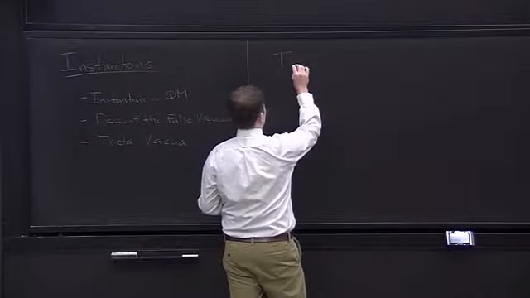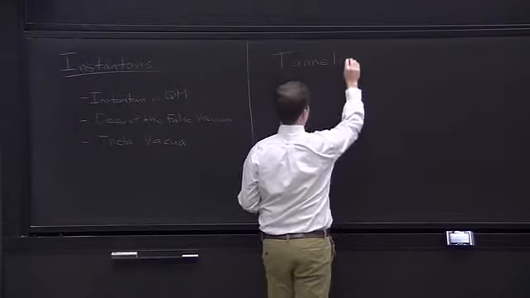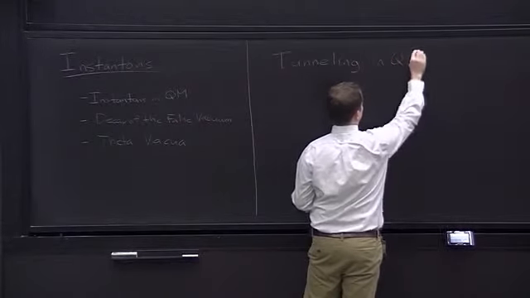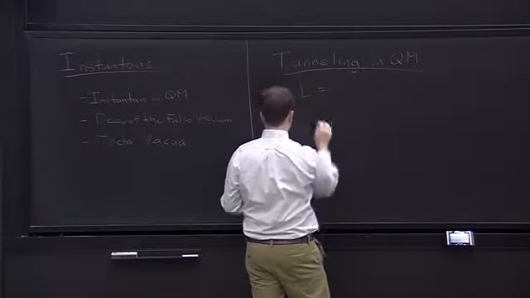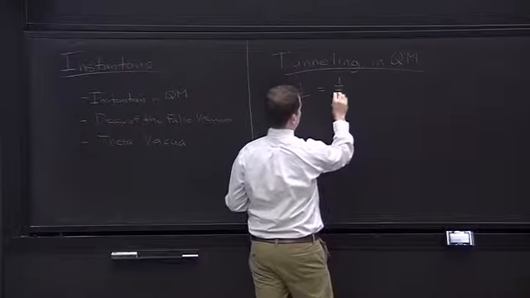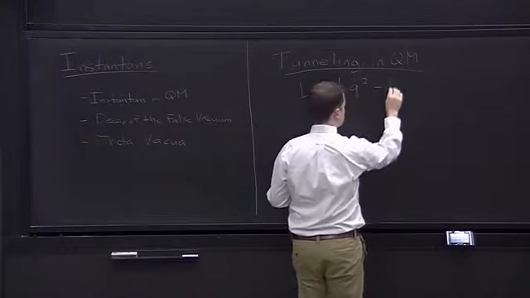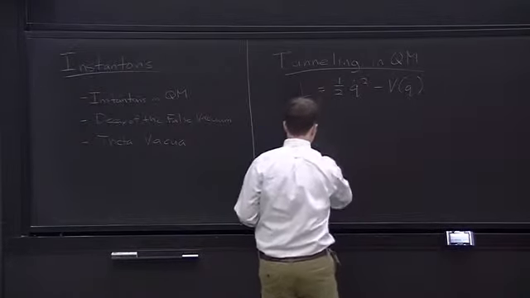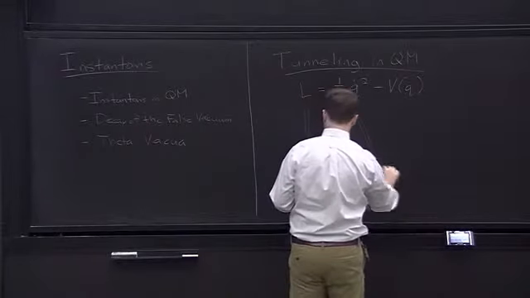A familiar example of a non-perturbative effect that you've all seen before is tunneling in quantum mechanics. So, for instance, we could have a particle with unit mass in some one-dimensional potential that might look like this.